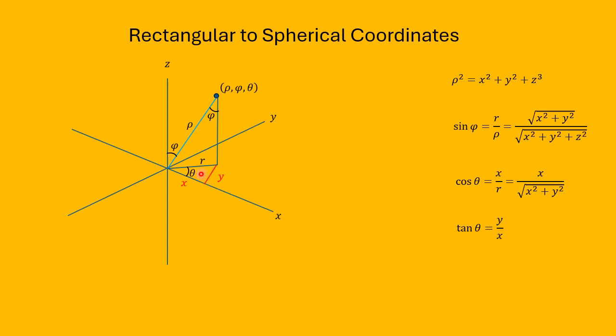Also, if we wanted to use a different trig function, look at the cosine of this angle. It would be x over r, and in that case, r is the square root of x squared plus y squared. So we get that the cosine of theta is equal to x divided by the square root of x squared plus y squared.